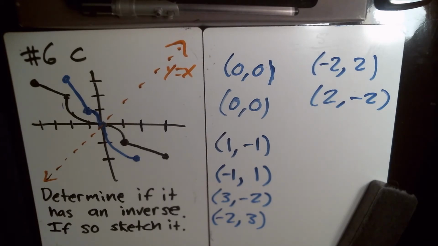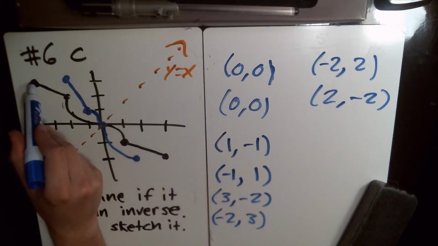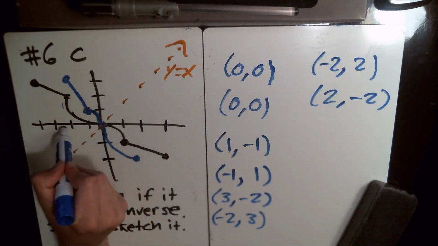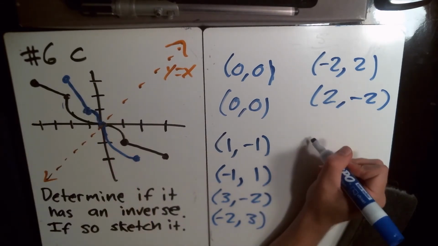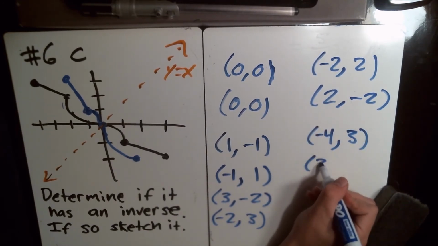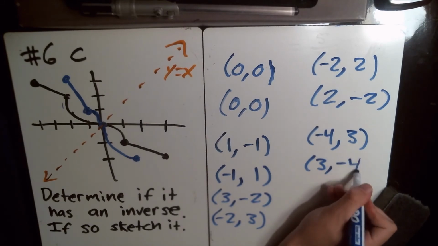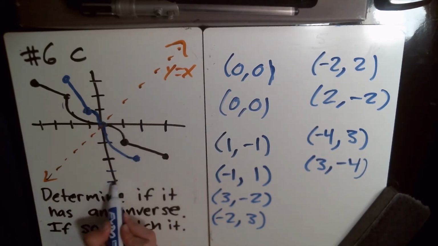And then lastly, we need this point. This point was at negative 4, positive 3. So we're going to end up at 3, negative 4. So 1, 2, 3, and then here.